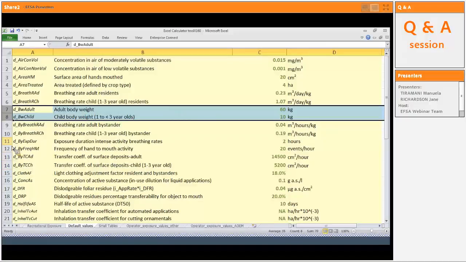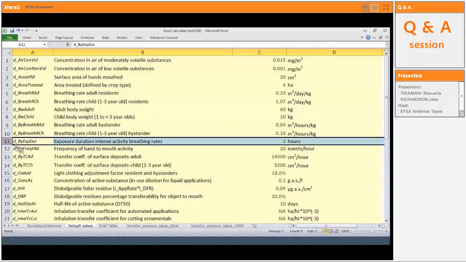So, for example, for breathing rates, it was quite important really just to define default values so that everyone is at least performing the initial screening exposure in the same way. Obviously, for a particular substance, if you have experimental data or you know that those scenarios aren't entirely appropriate, that can then be done. But this is just to allow a harmonized screen, isn't it?